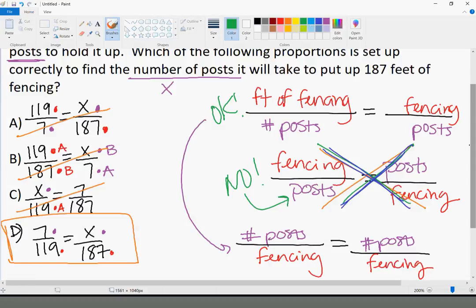So this would be okay as well. So the point is just that you have to have it lined up the same for a proportion to work. Okie doke.